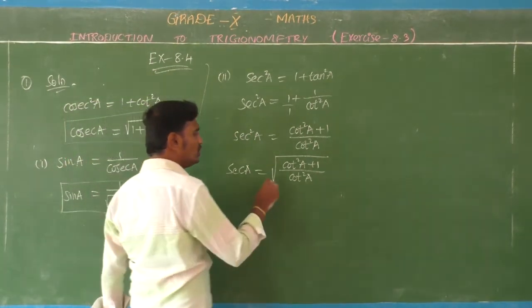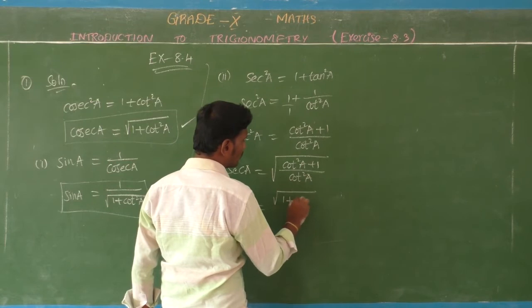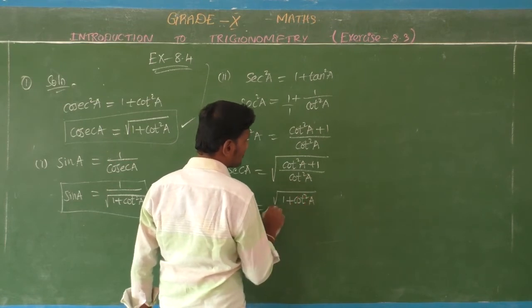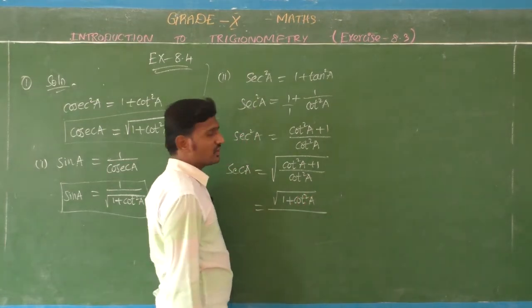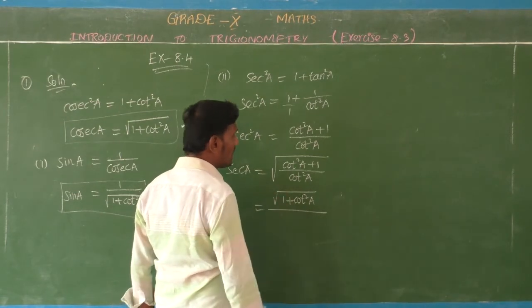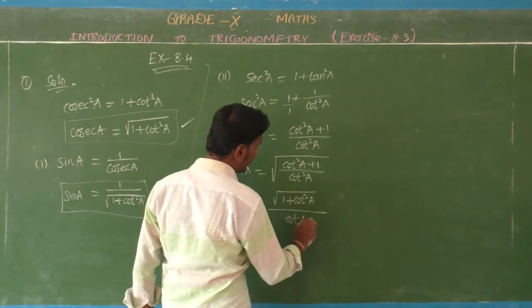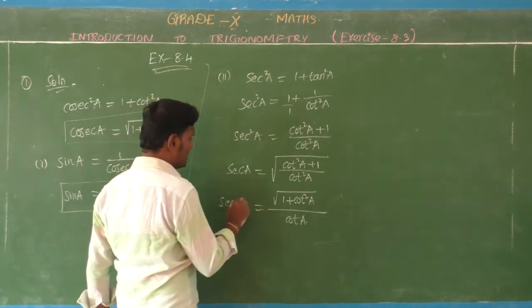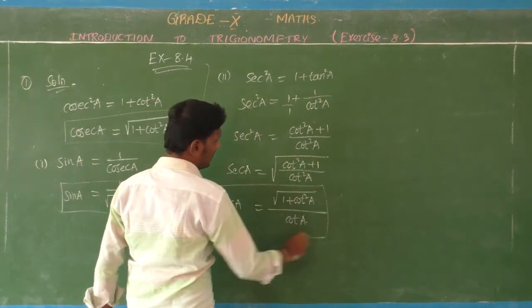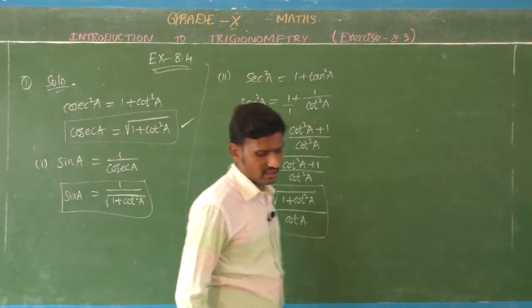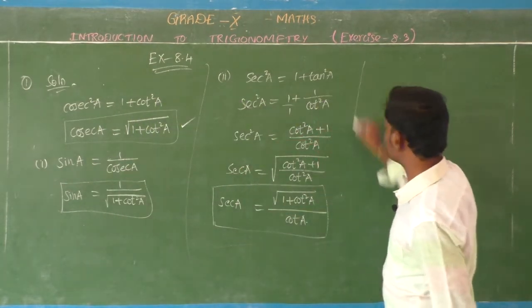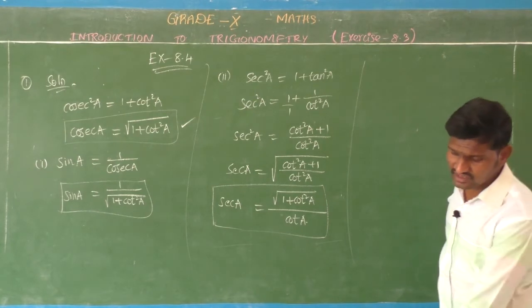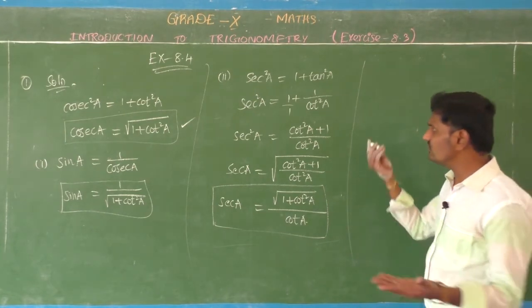In the numerator we can't take the square root, so simply write the square root of 1 plus cot square A, the whole divided by cot A. So this is the value of secant theta in terms of cot A. And third, what are they asking? Tan A is asked. It is a very simple part.